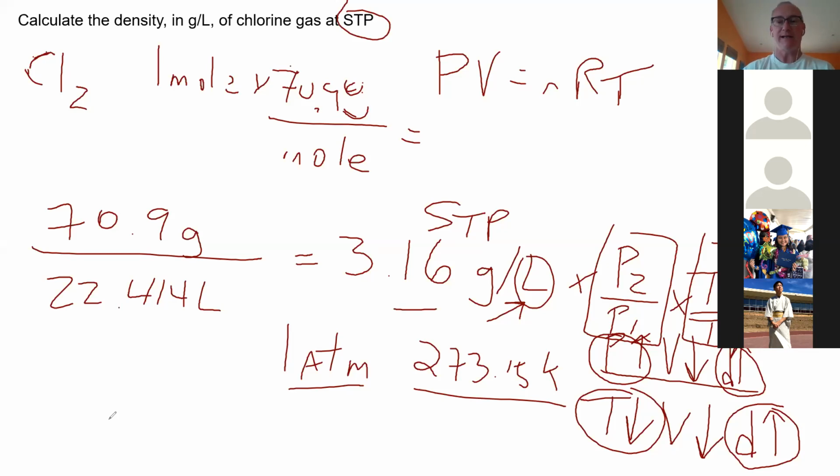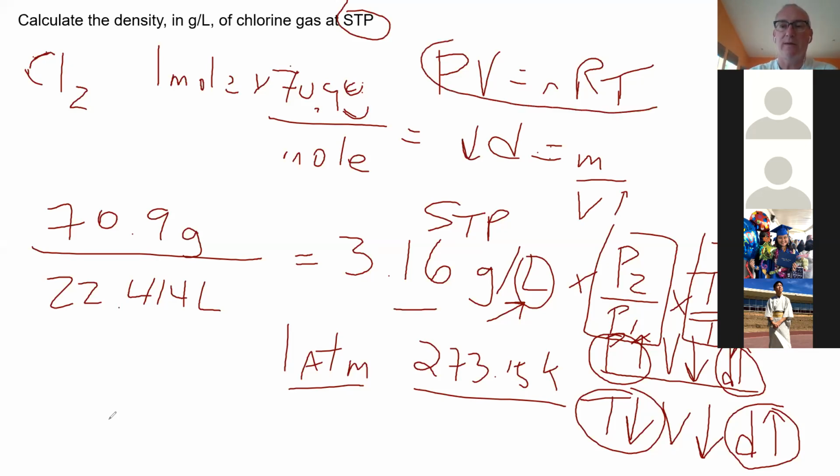Because here we've got density. Density is the mass over the volume. So density and volume are inversely proportional, right? You're dividing them. So if my volume goes up, my density goes down. So just use this to tell you if my temperature changes, what happens to my volume?